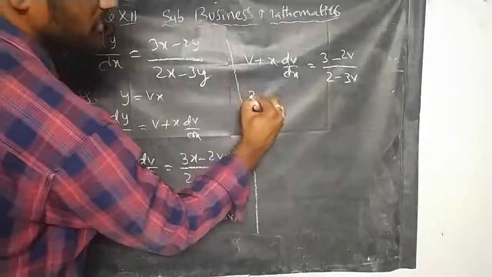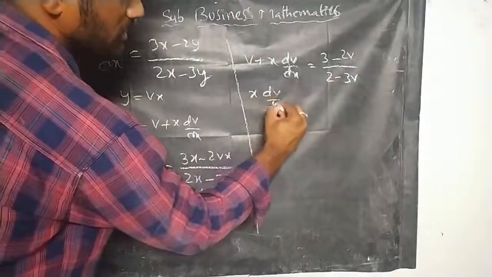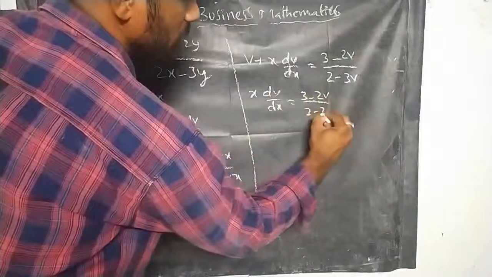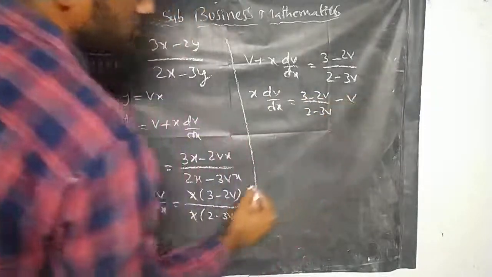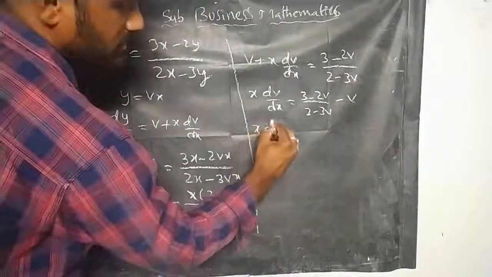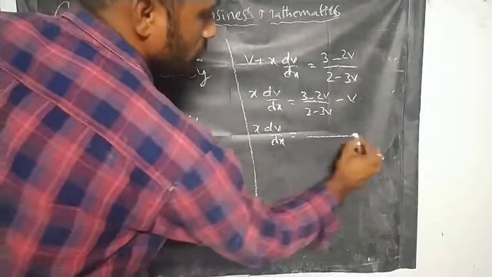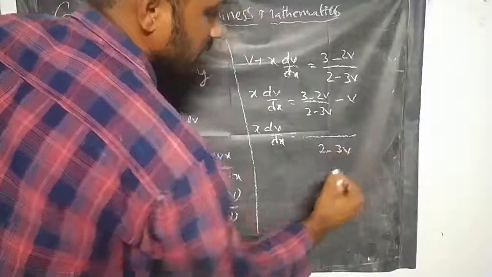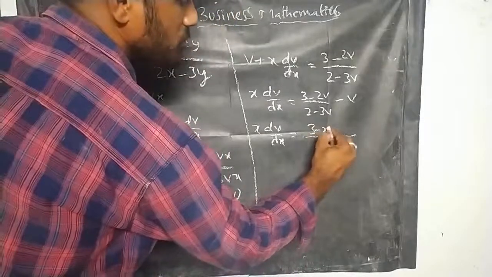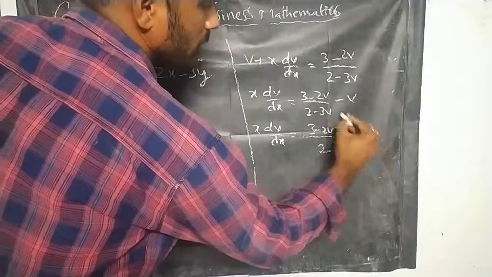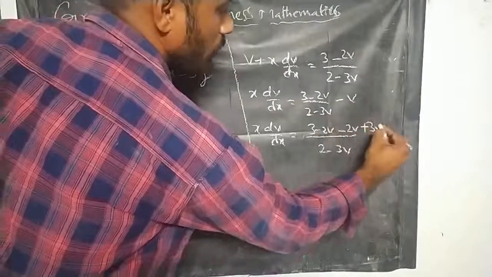So if I transpose v to that side, x dv by dx is equals to 3 minus 2v by 2 minus 3v minus v. So 2 minus 3v is the LCM. Here 3 minus 2v minus 2v plus 3v square.